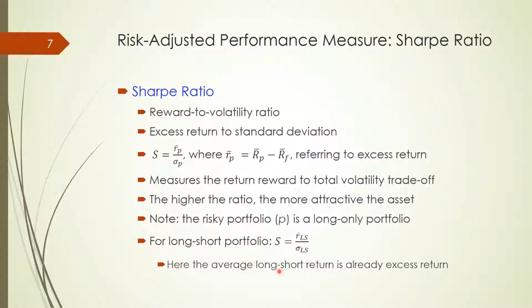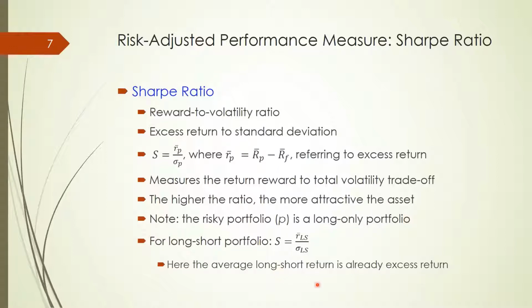Next, let's move to risk-adjusted performance measures. We'll start with the Sharpe ratio. Sharpe ratio refers to the reward to volatility ratio, or excess return divided by the standard deviation of the portfolio.